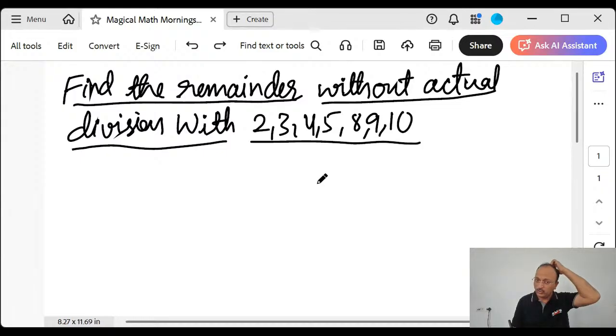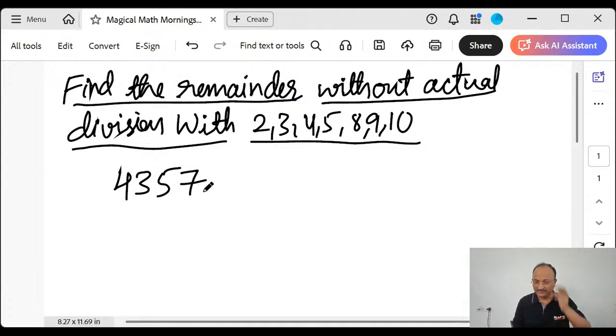Suppose we have to find the remainder when we divide by 4. Suppose we'll take 4357. Now we know that this is not divisible by 4. Correct? No, because first of all, directly it's an odd number. Second thing is, if you check the divisibility of 4, the last two digits, it's not divisible by 4.